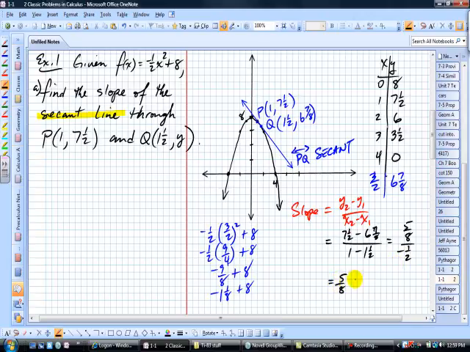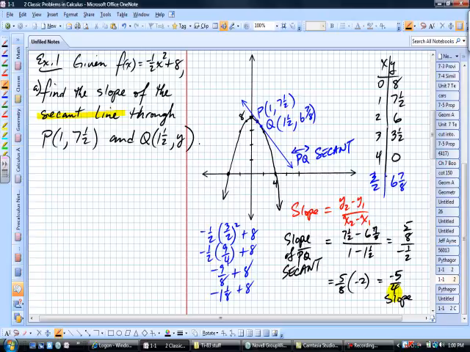That's the same as 5/8 times negative 2, which is negative 10/8 or negative 5/4. Now, this is the slope of the secant line, the slope of PQ. The slope is negative 5/4.